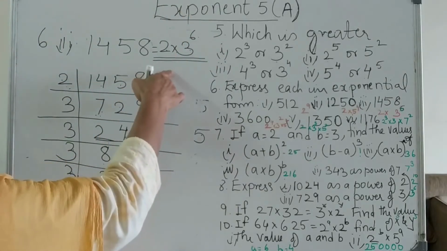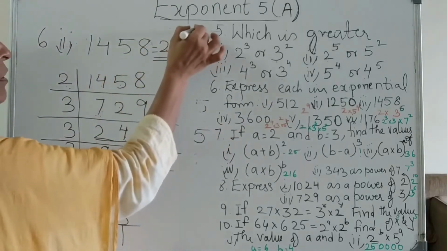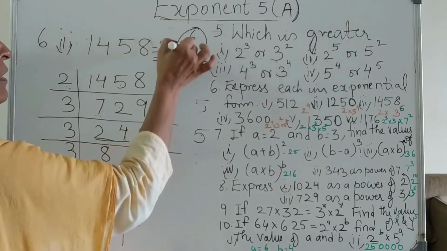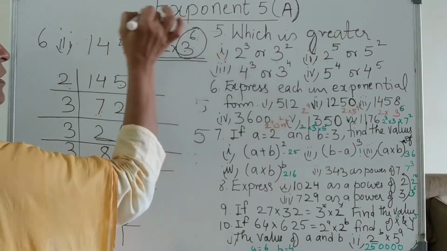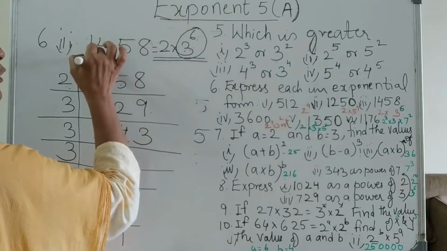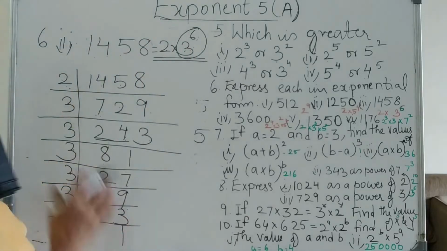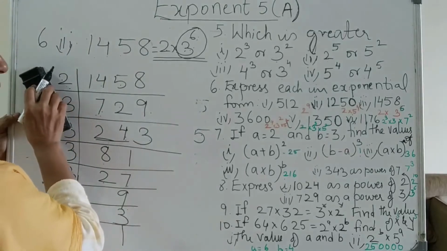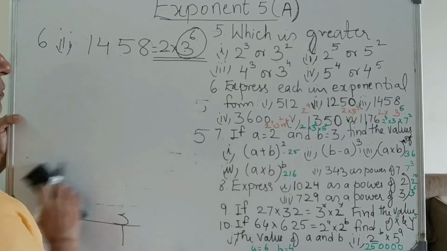Here 3 is the base and 6 is the exponent. This exponential form multiplied by 2, you get 1458. So this vertical method is easy to get the answer.